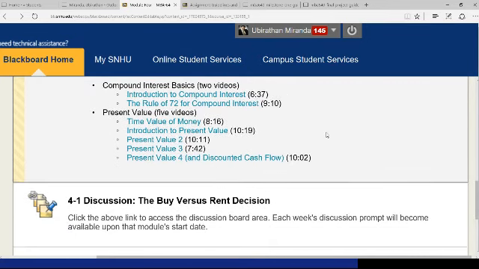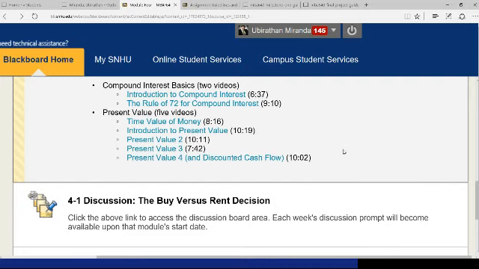And then the present value. Again, the time value of money, introduction to present value 2, 3, and 4, particularly when it comes to the discounted cash flow. This is going to be at the very heart of this course. You're going to have to understand what present value is and the time value of money.